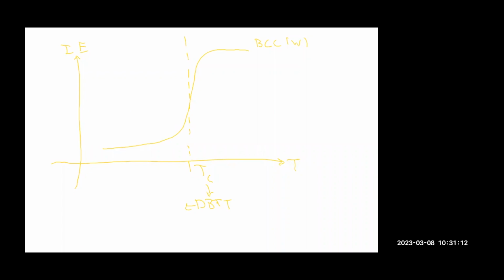How about for FCC materials? Do we have any ductile to brittle transition temperature? For FCC, the behavior is more like this. We have something like this, then of course with temperature it will decrease, but we don't have a specific ductile to brittle transition temperature.